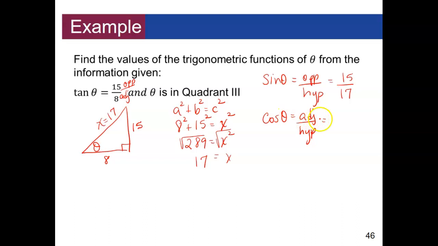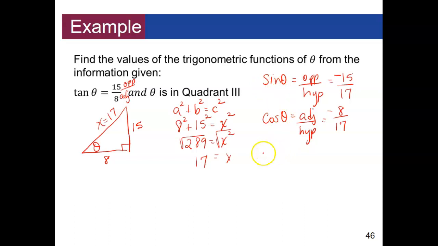So cosine is adjacent over hypotenuse, so the adjacent would be 8, and the hypotenuse would be 17. We have tangent already given to us. Since we're in the third quadrant here, we know that tangent is positive in the third quadrant, but sine and cosine are both negative in the third quadrant. Okay, so we get our signs straightened out here.